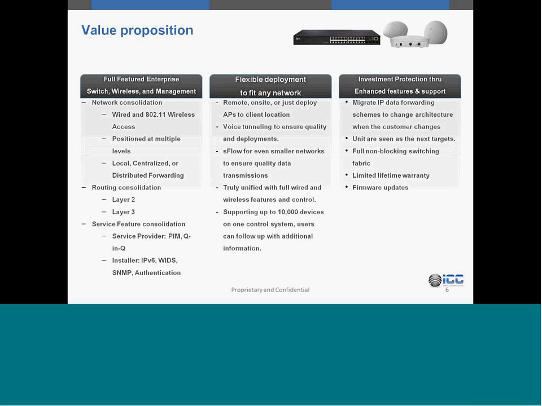You also have a full non-blocking switch fabric, as well as on the access point side. These are all tier 1 enterprise level quality solutions, as well as having a lifetime warranty with not only the hardware but also on firmware updates.